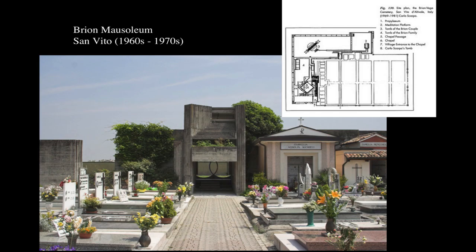But if you were to enter the entryway and look down one of those short axes through the cemetery itself, you'd be looking at what's known as the propylaea, or the entry gate into the Brion Funerary Garden. And if you were to go into that entry gate, if it's open, which it almost always is these days, you'd be able to go up a couple of steps and find yourself in this walkway that opens either to the right or to the left.